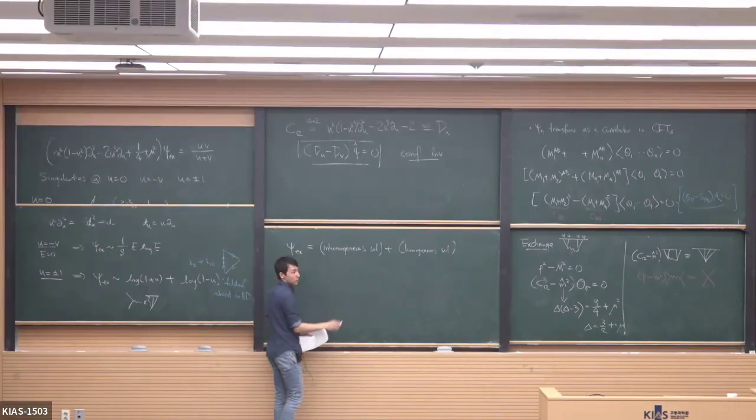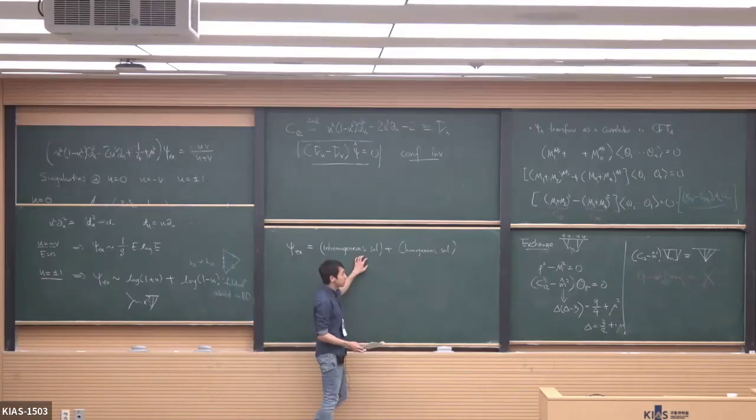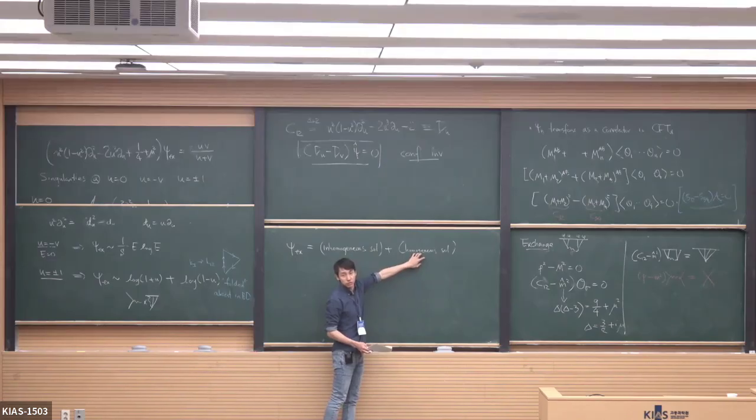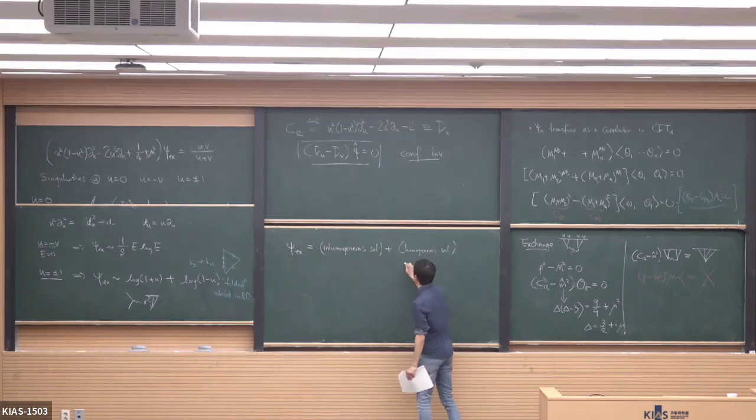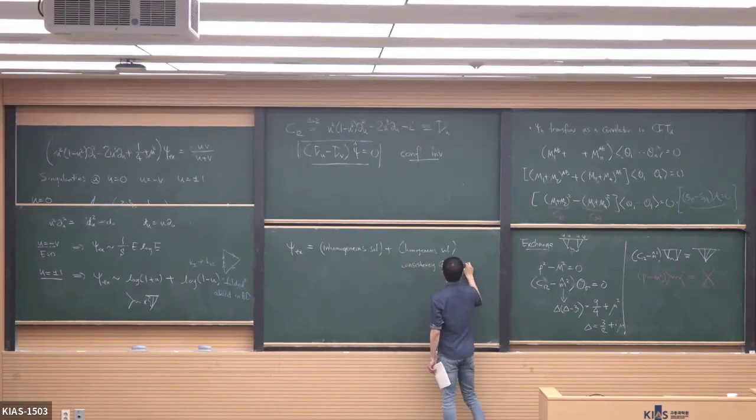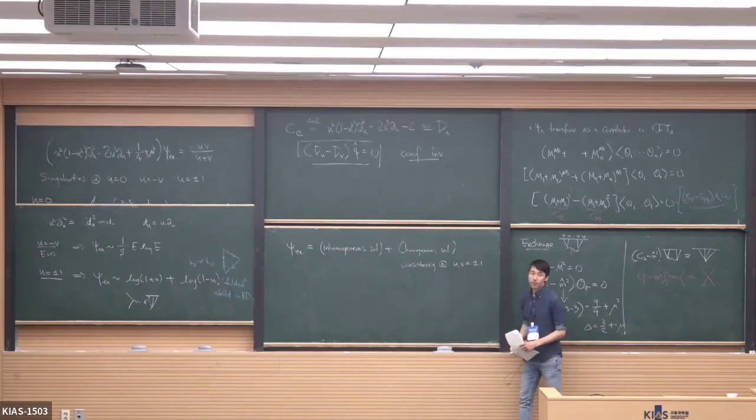If you solve this, it's going to be some sort of a double series solution in U and V. Now, this is not uniquely fixed until you specify the boundary conditions. The boundary condition you fix is demanding that you get some consistency at U and V equals plus or minus 1. Okay, so that fully fixes the solution.